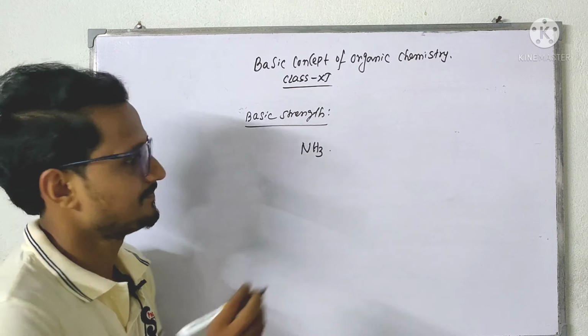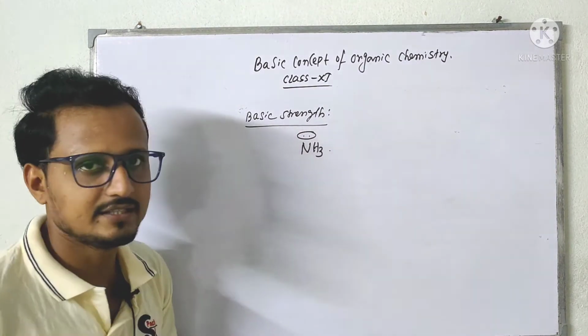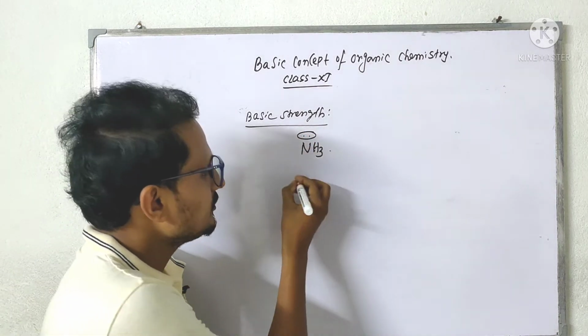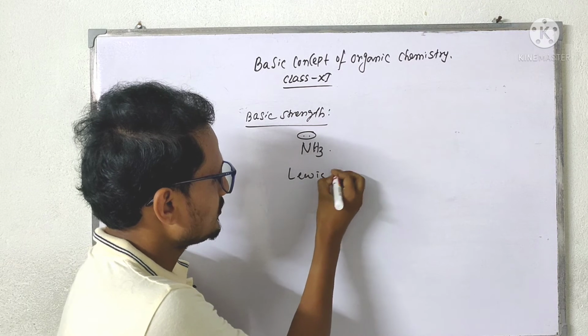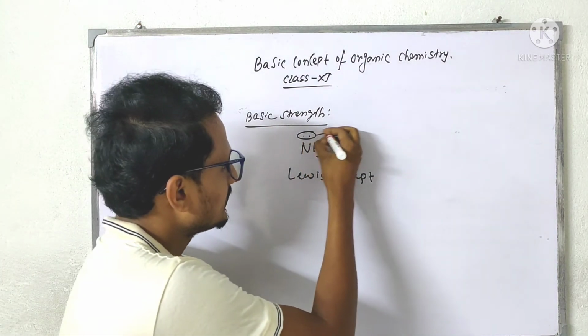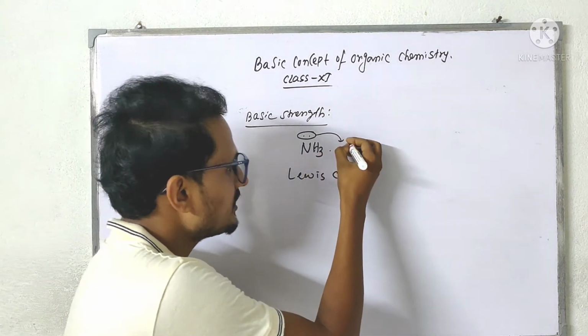is a base. Why? Because it has a lone pair of electrons. So ammonia is a base. Now, according to the Lewis concept, those are bases which can donate a lone pair of electrons by a coordination bond.